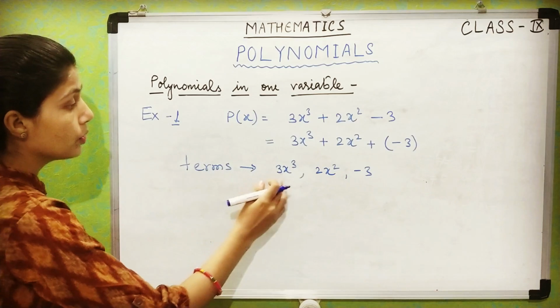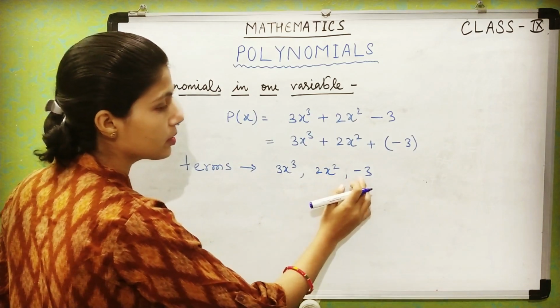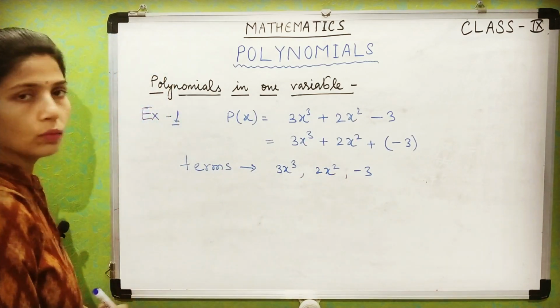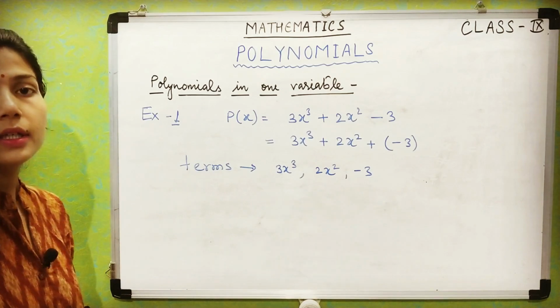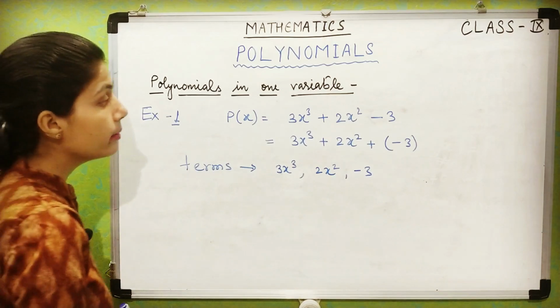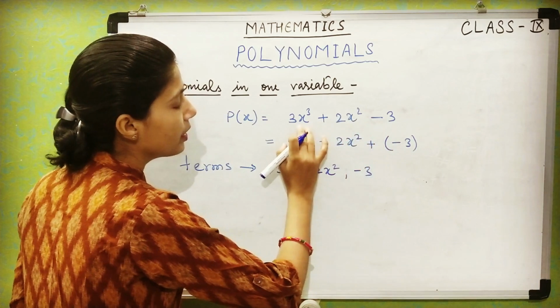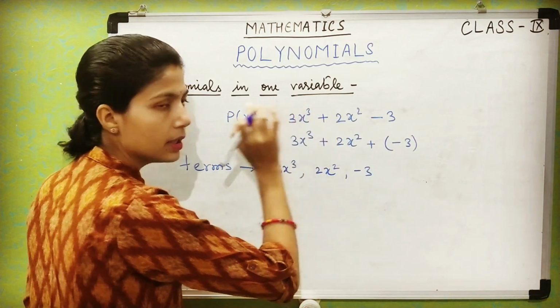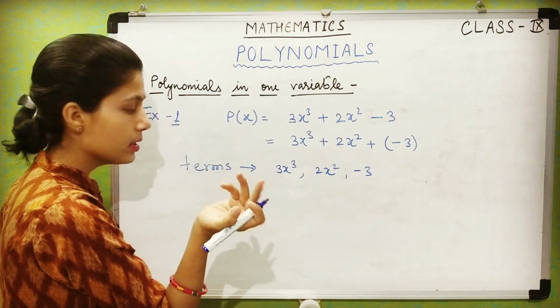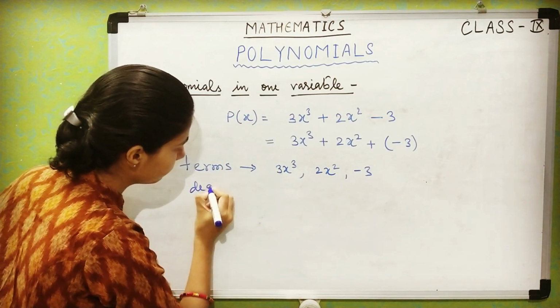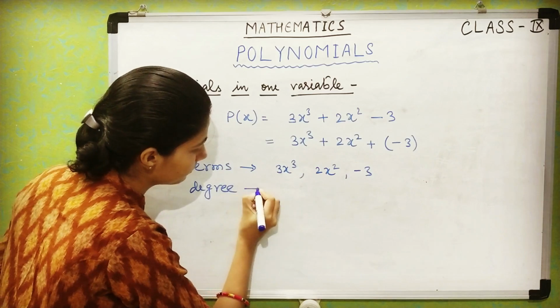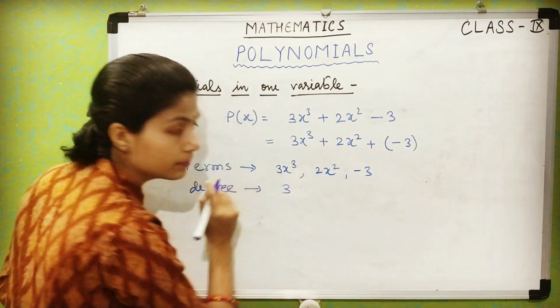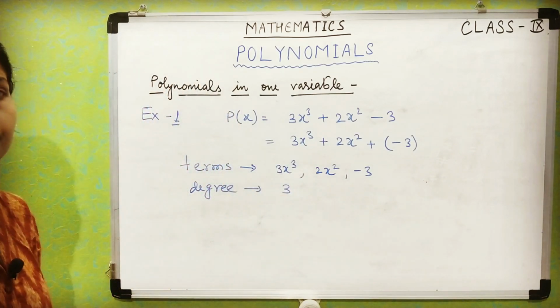So 3x cube, 2x square, minus 3, these 3 are terms. Now what is the degree here? The highest power of the variable is 3, so the degree is 3.